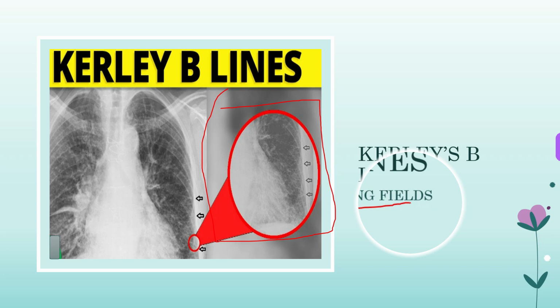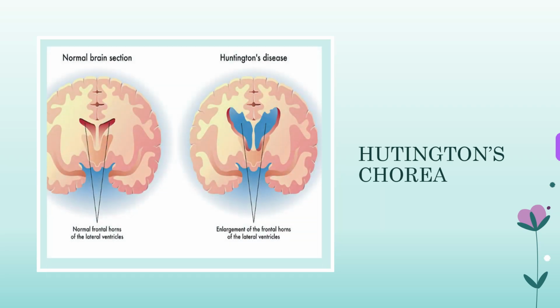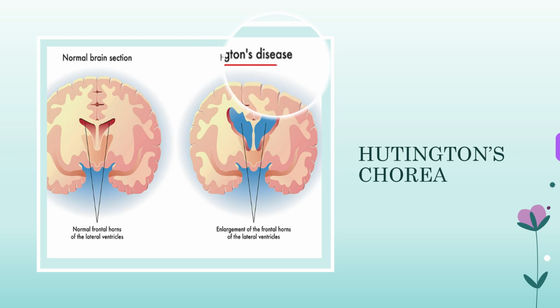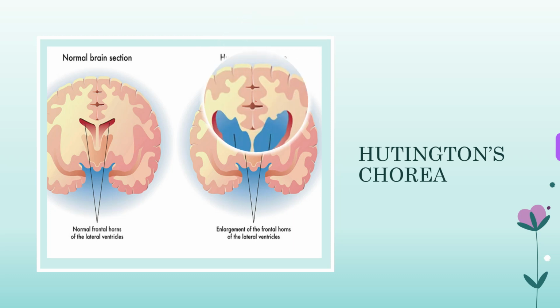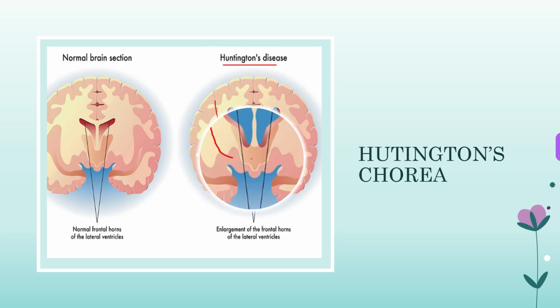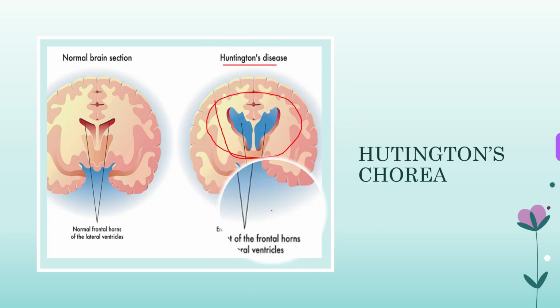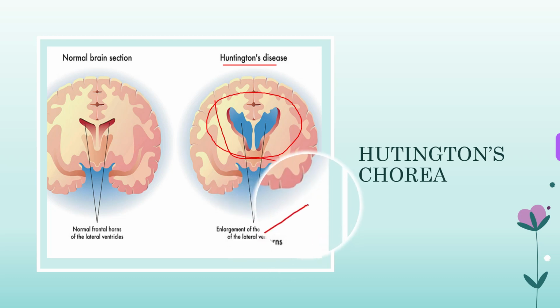Next, very important, we have Huntington chorea. What is Huntington's chorea? Let's discuss this. It is an autosomal dominant condition characterized by first chorea, then irritability, then dementia, then seizures, and finally death.